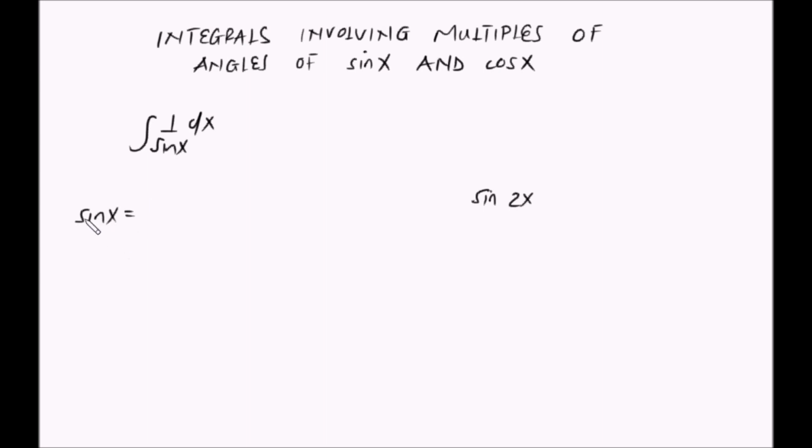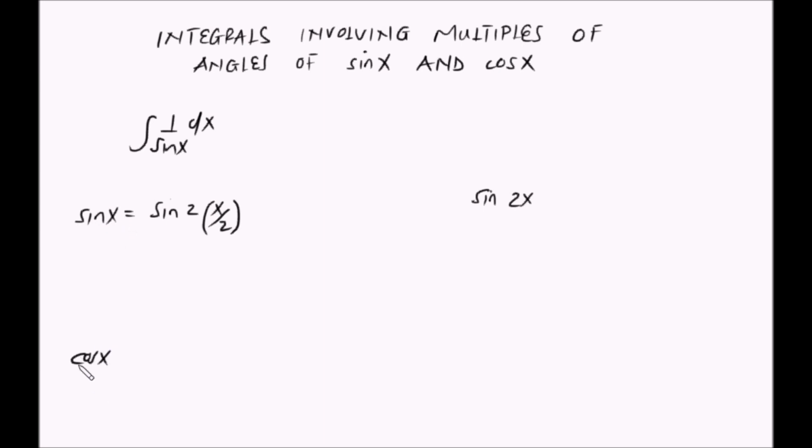But if you look closely, hiyo x ni sasa tu na yenyewe na 2 times x over 2. You see, kumbe na yenyewe is a multiple angle. Okay, so sin x is a multiple angle.